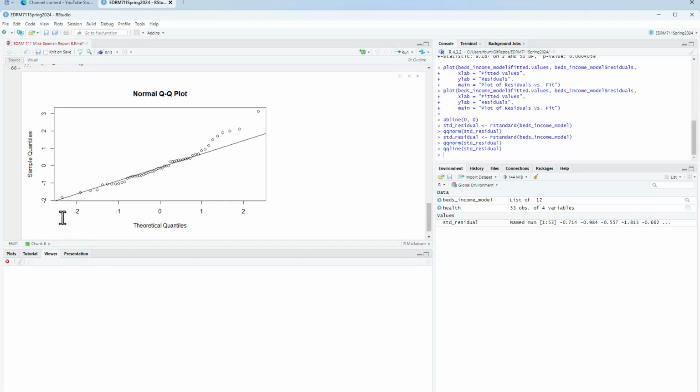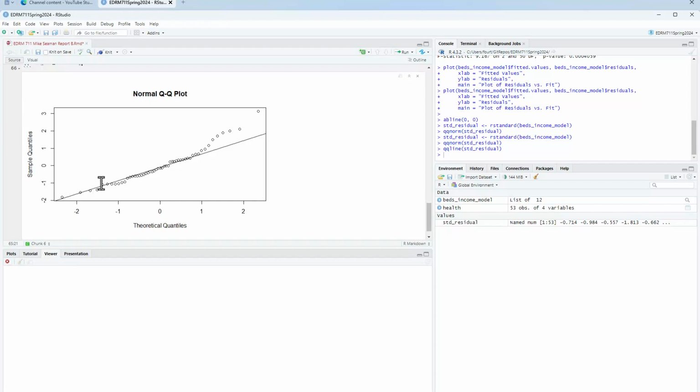Now, what is down here is what we would expect the z-score to be for each of those points if they come from a normal distribution. Notice here, we're a little bit over 2 is what we expected for that point, but instead it is over 3. So that's not fitting very well with what we would expect for a normal distribution.